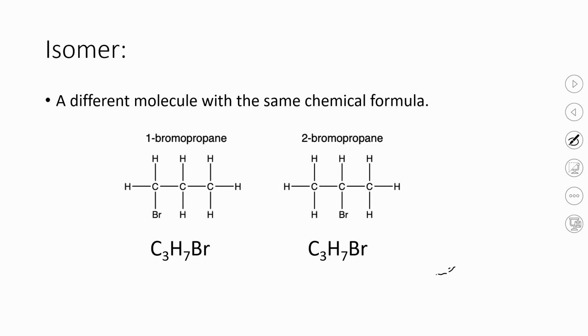So we're going to look at what we think about when we're deciding this. These are different molecules, they're going to have different reactivity, they're going to have different physical properties. So they are different, they just have the same chemical composition.